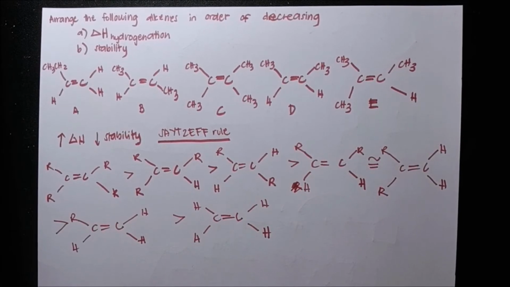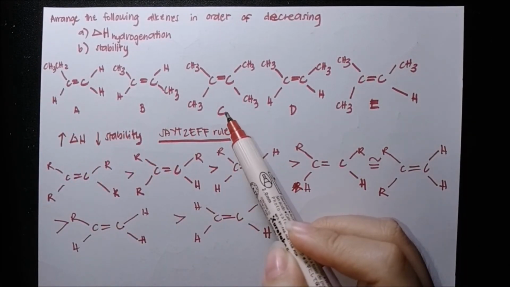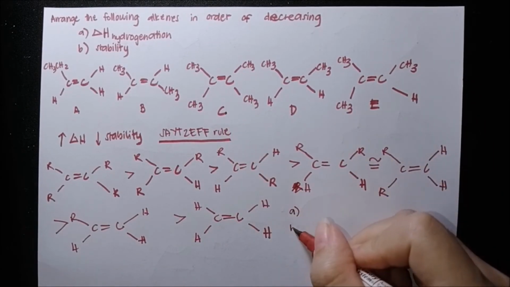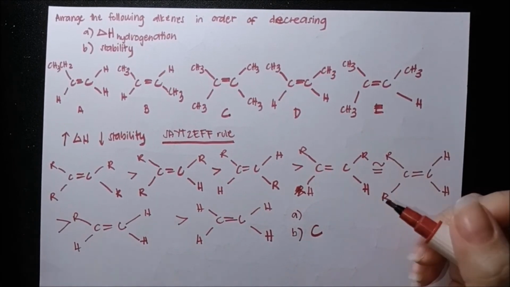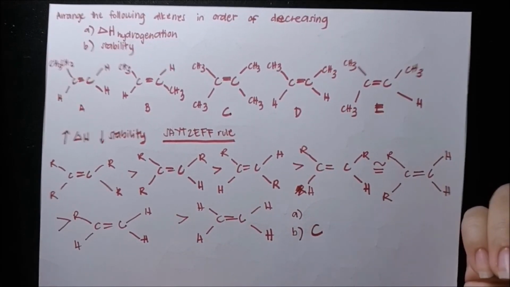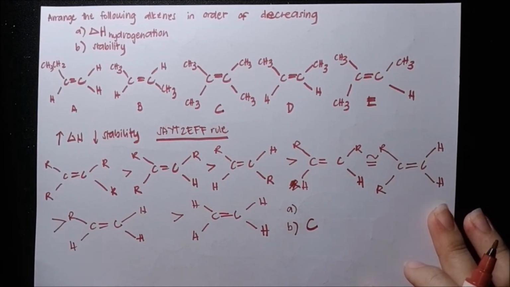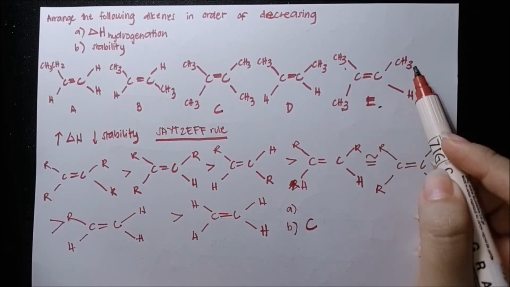And from these alkenes, that is alkene C. Since that is the most stable one, we can put that here in our answer in letter B as the most stable alkene. So we will just look for the next alkene with the most alkyl groups and so on. So the next is alkene E with 3 methyl groups.